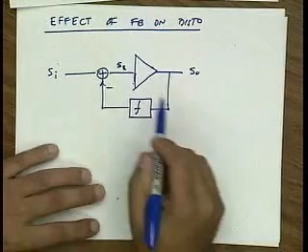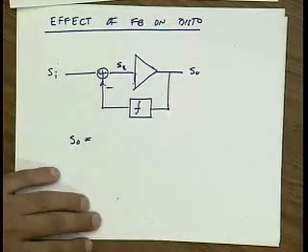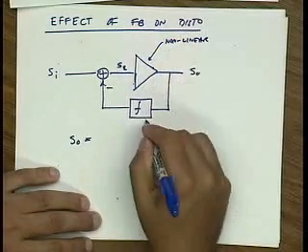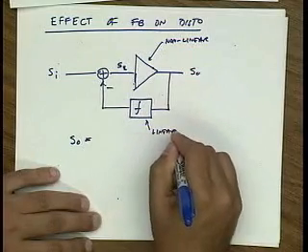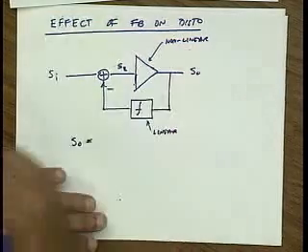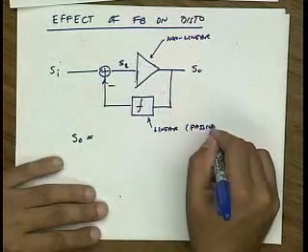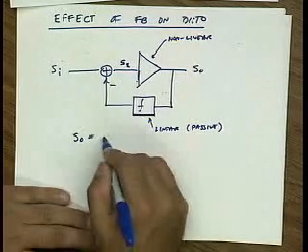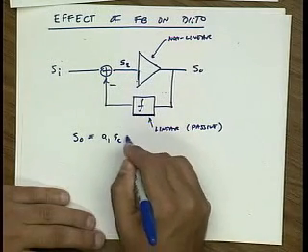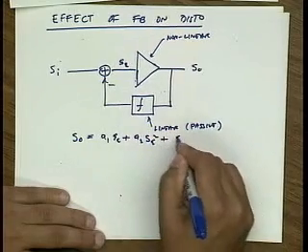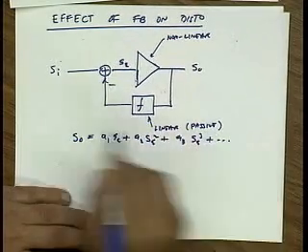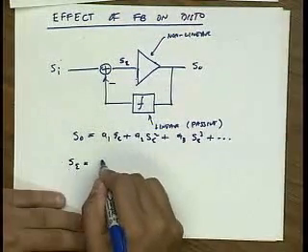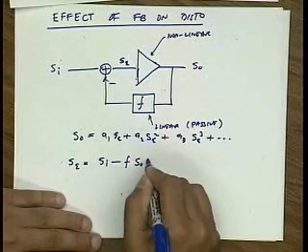I assume this block is nonlinear, but the feedback is linear, and that's usually the case because the feedback is usually a passive network. So the only nonlinear term is described by this power series. And my error term is the input minus f times the output.